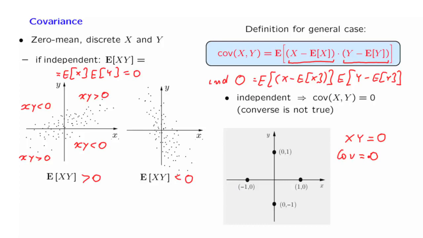On the other hand, the two random variables x and y are dependent. If I tell you that x is equal to 1, then you know that this outcome has occurred. And in that case, you are certain that y is equal to 0. So knowing the value of x tells you a lot about the value of y, and therefore we have dependence between these two random variables.